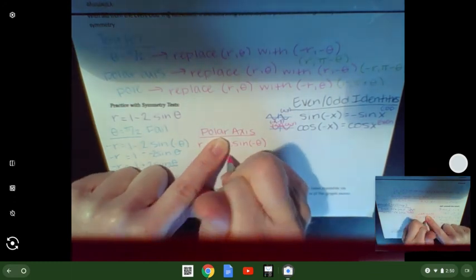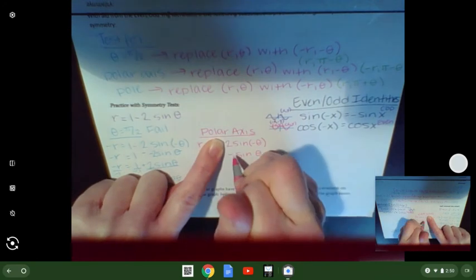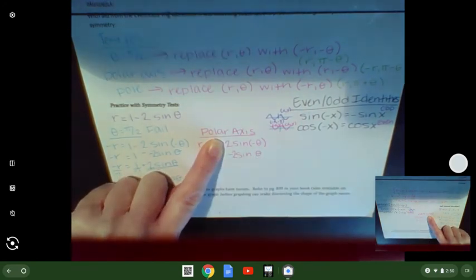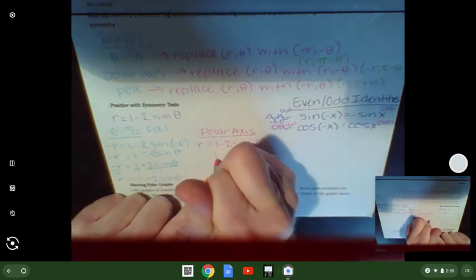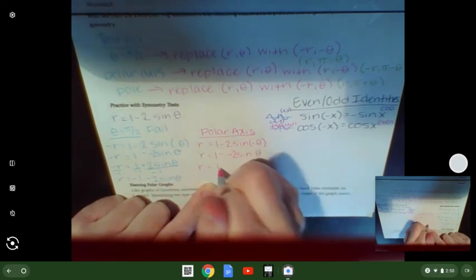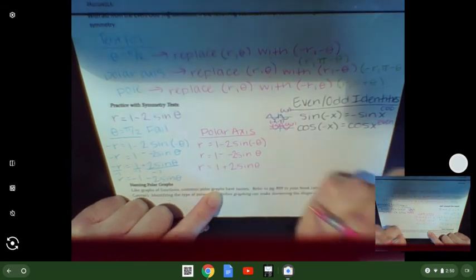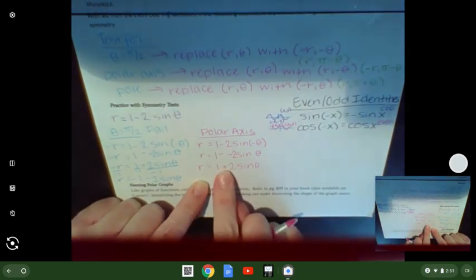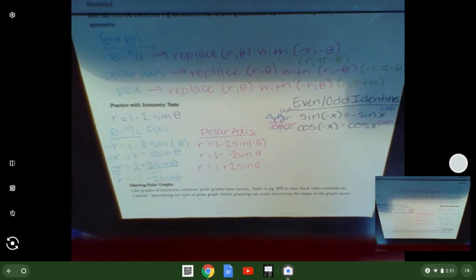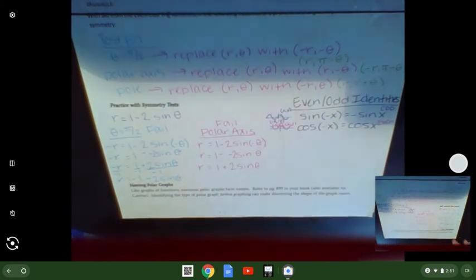So this becomes negative sine theta. Bringing down that 2, we're going to leave it as a coefficient. And I'm going to bring down the 1 minus. And simplifying further, 2 negatives make a positive. And we can, again, pretty quickly see that there's no way I'm going to make this match my original function. Therefore, we fail the polar axis test.